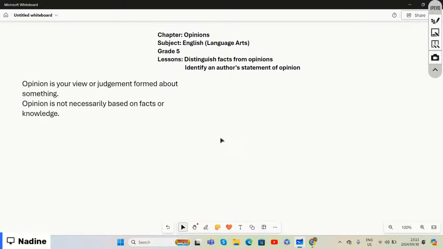Remember we said opinions is basically your view or your judgment about something, and opinions is not necessarily based on facts or about knowledge. So when it comes to facts, right?